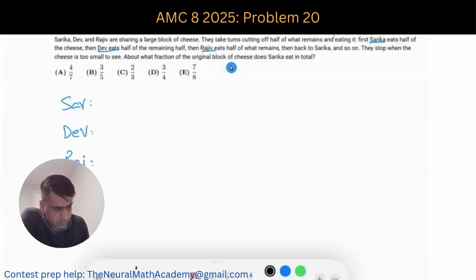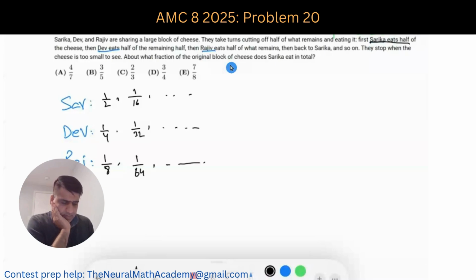So Sarika, she's eating half, and then Dev will eat half of that, and Rajiv will eat half of that. And in the next turn, then Sarika will eat 1/16. This is 1/32, and then this would be then 1/64. And similarly, like this cycle, it will continue for all of them.